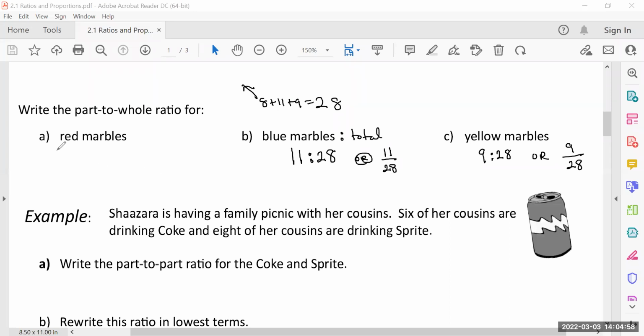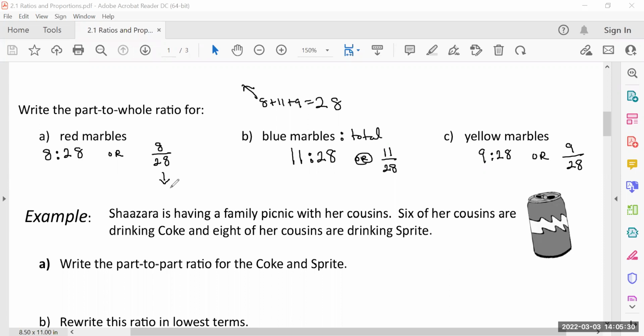The last one, we're going to start implementing some things we've learned in fractions. Take a look. Red marbles is 8 to 28, or I can rewrite that as 8 to 28. But if we write it as a fraction, it is absolutely preferred to write in lowest terms.